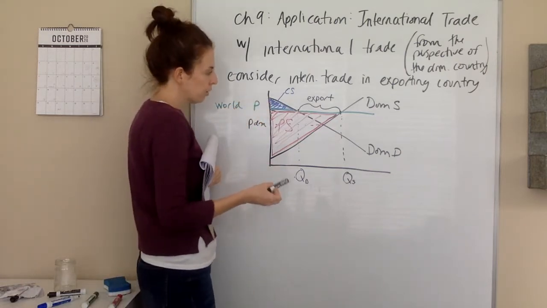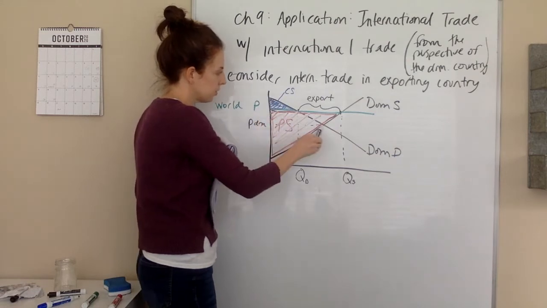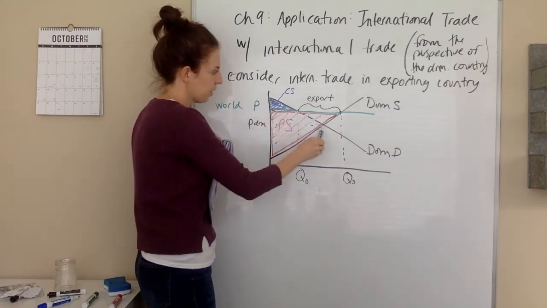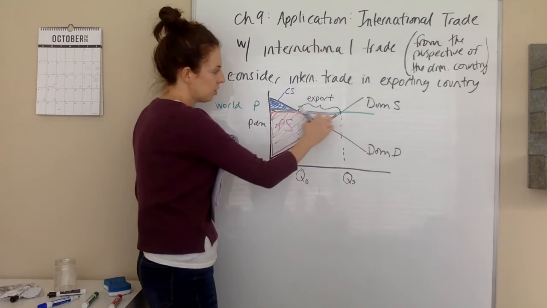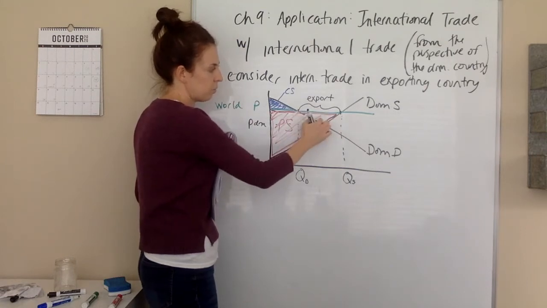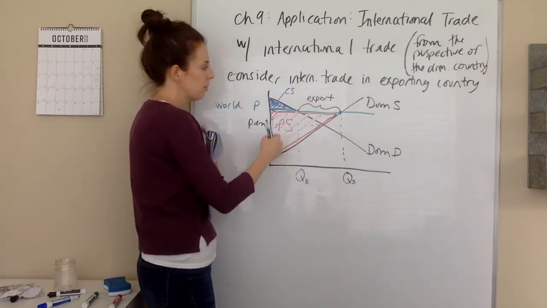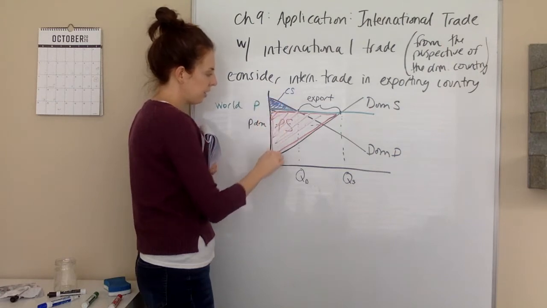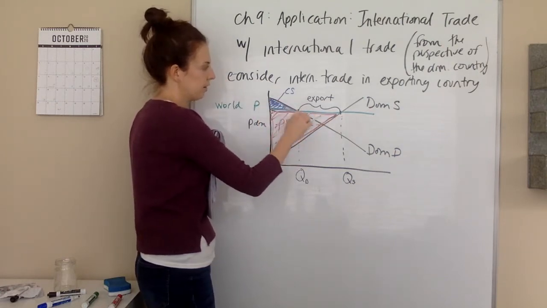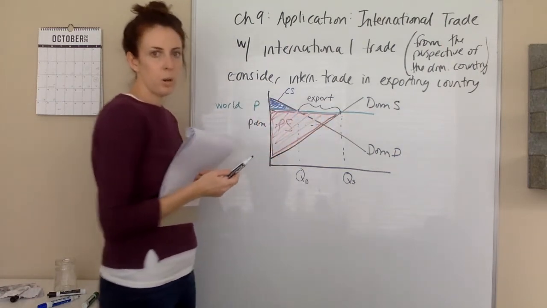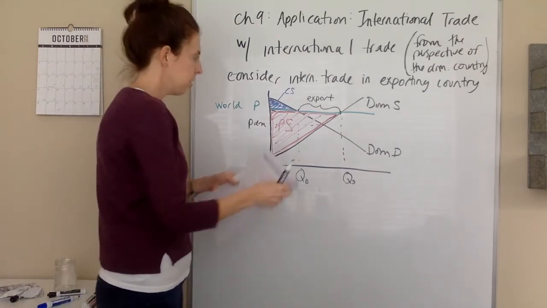Recall that before the trade happened, the total surplus was equal to the area of this triangle. And this region right here, which is now shaded, was not shaded before. So the total surplus under trade is this whole area, which is larger than what it was without trade.